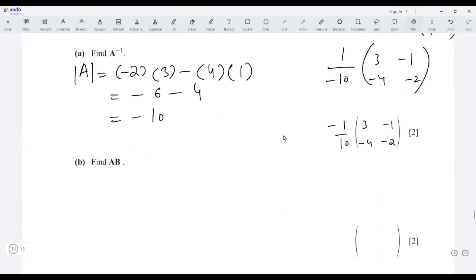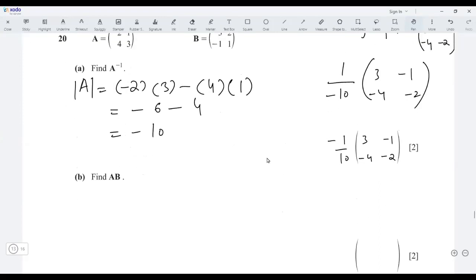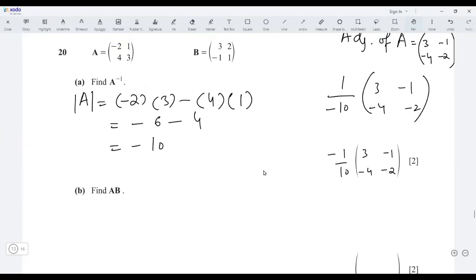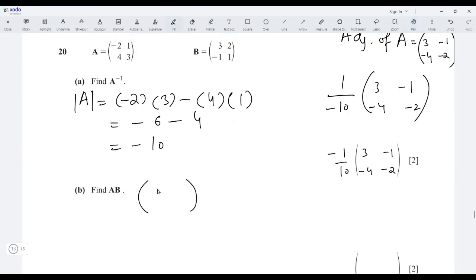So I hope you got it. So how to multiply two matrices A and B? First of all, write down A and B. A is -2 and 1, and similarly the other row is 4 and 3, and B is 3 and 2, and -1 and 1. So rows will be multiplied with the columns.